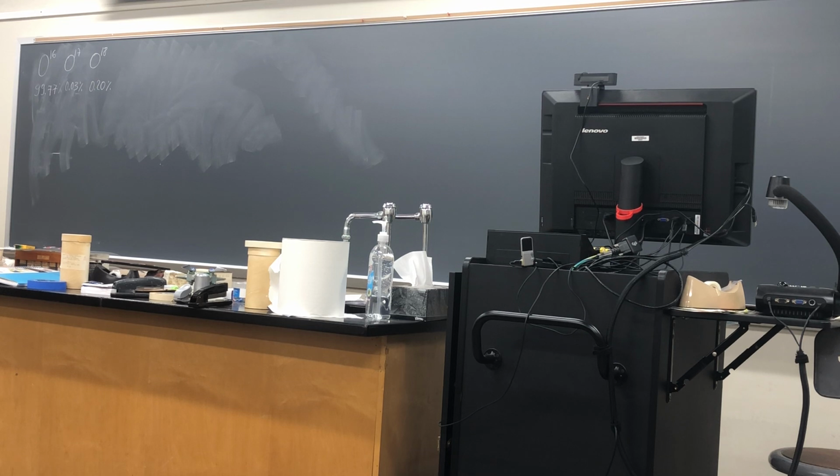Rather than playing with these percentages and small numbers, a much simpler way to understand their relative ratio is if we multiply everything by 100. Out of 10,000 oxygen atoms, 9,977 are light oxygen isotopes.